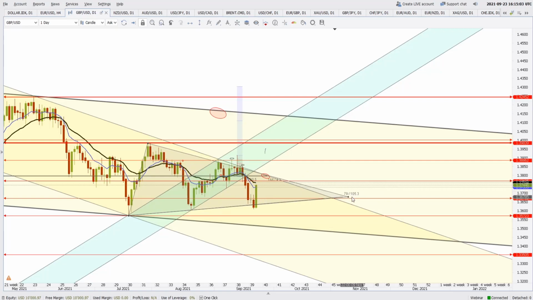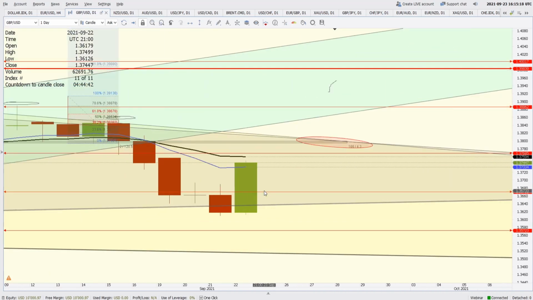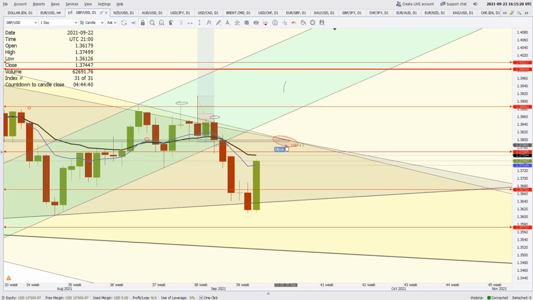Don't you think that there is a triangle formation, a triangle being formed here on the daily chart? So I will leave this triangle as it is, and we'll observe in the future how the price behaves near this zone.